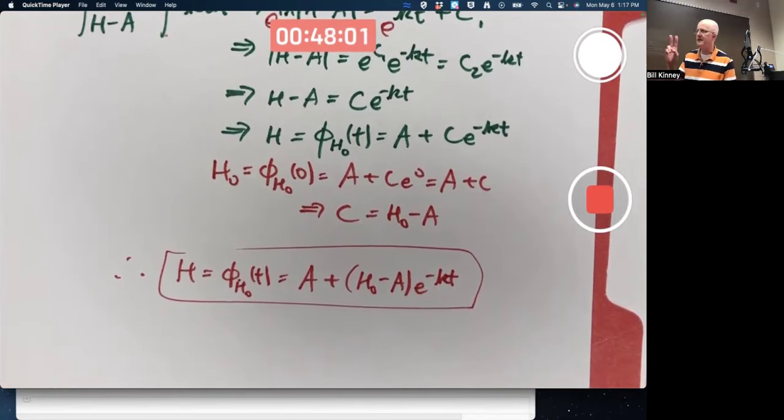Two letters are variables, t and h. All the other letters, the A, the H naught, the K, and even the e, are constants. Though the e is a true constant, whereas the other constants are parameters that, why do we use a special name? It's just that it allows us to think about different situations. They are constants that can change, even though that sounds oxymoronic.